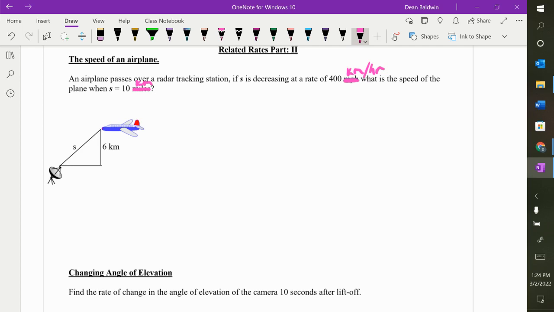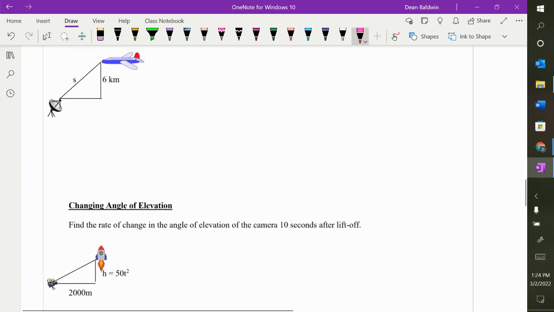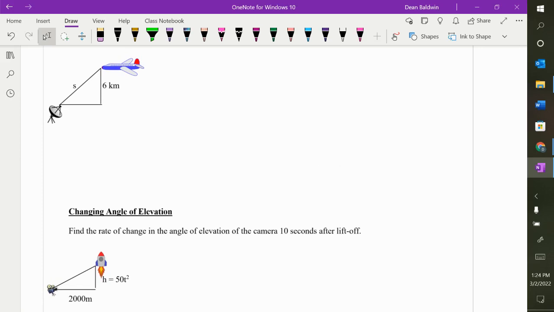The other type is a trig problem, but it's always going to be a right angle in this class. I've never seen a non-right angle problem in Math 100.